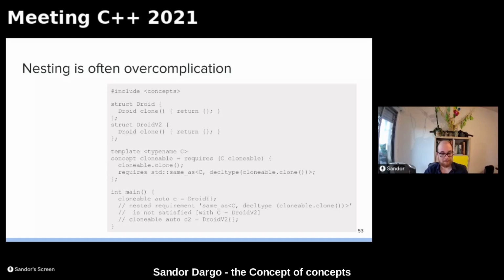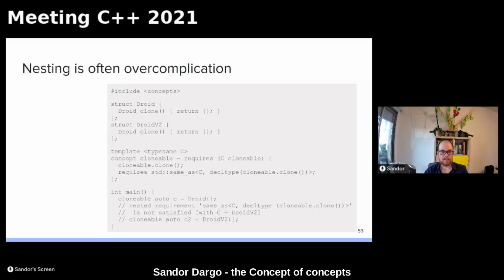notice that we have an inner requires within the requires clause. We require that the return type of this clonable.clone should be the same as the type of the clonable. Well, this concept will catch the copy-paste error that we made.